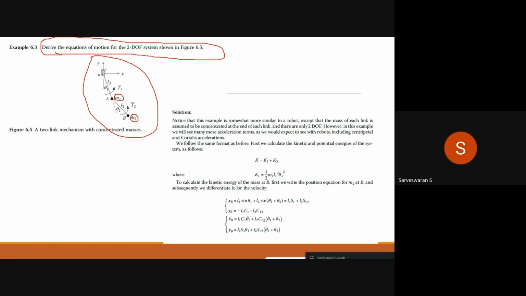This is M1 and M2. The length of the first link is L1, and the length of the second one is L2. Theta 1, theta 2 are your joint angles, and we have to find out the torques that are being generated. Based on these torque values only, we have to select a suitable actuator that can fit over here.